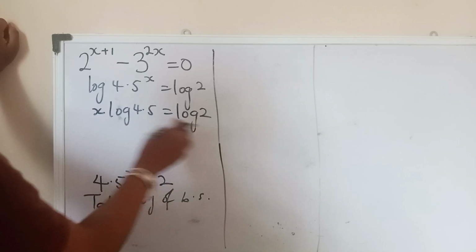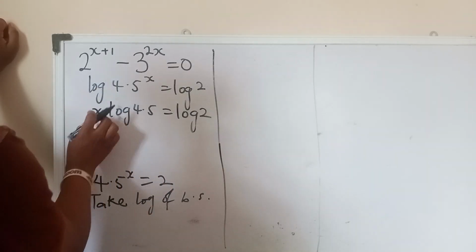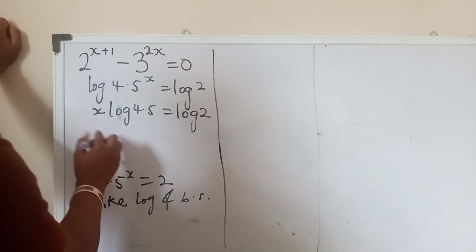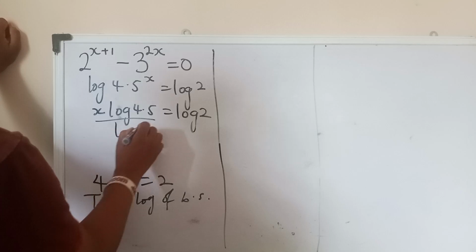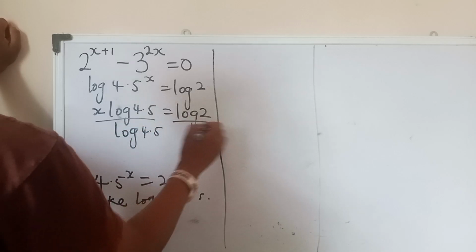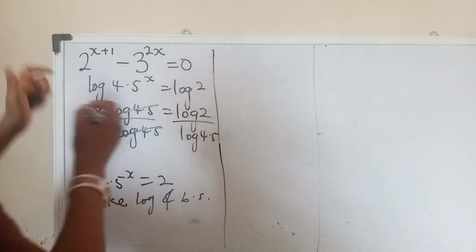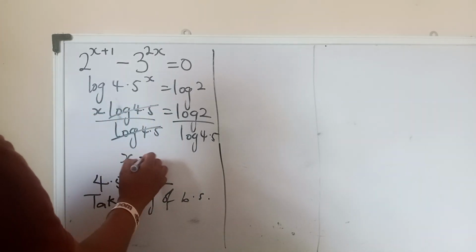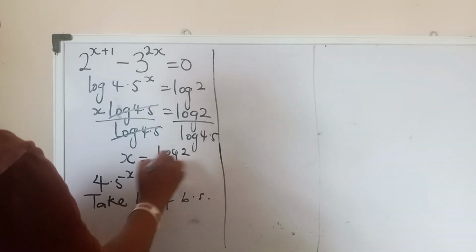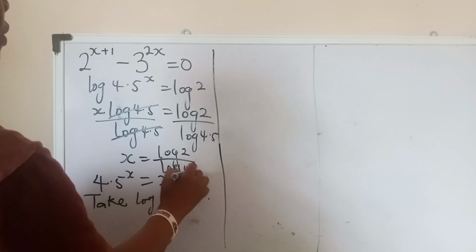We're going to divide both sides by log 4.5 because we are after finding the value for x. So log 4.5 all over log 4.5, this cancels this, and we're left with x to be log 2 all over log 4.5.